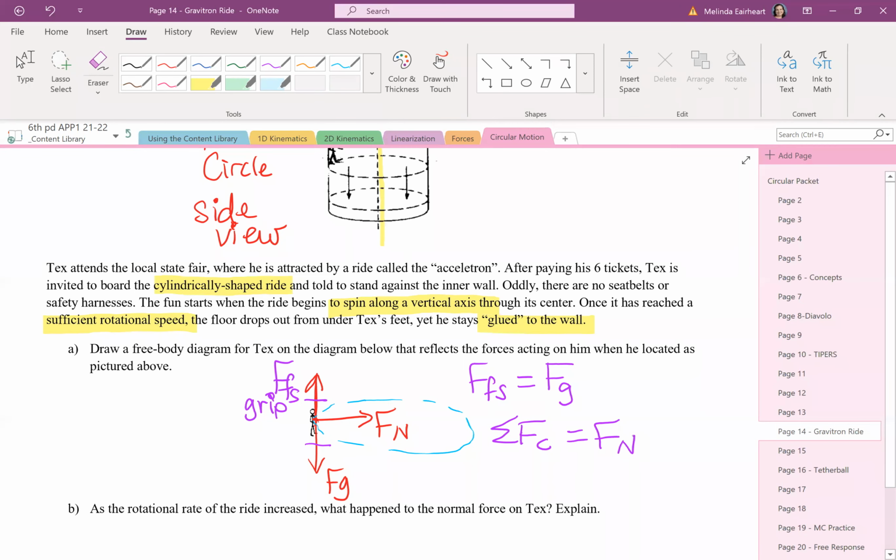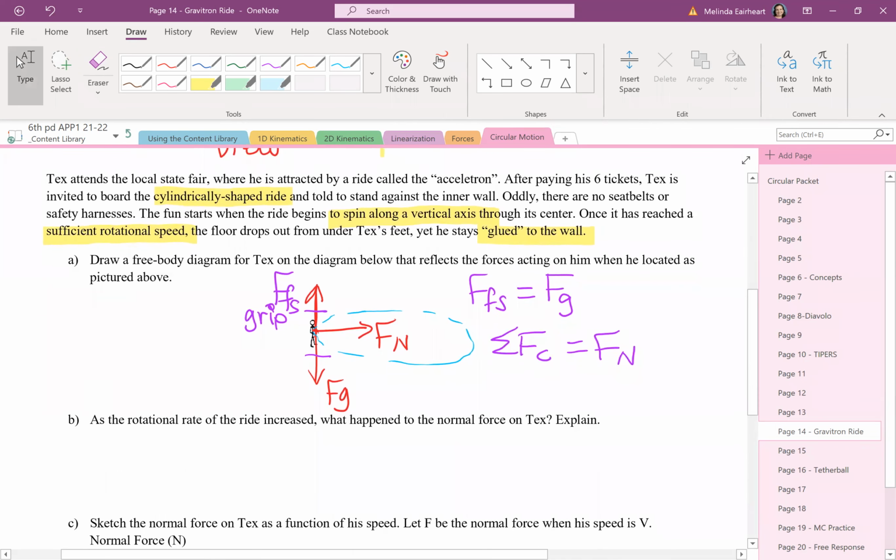But yes, as it spins faster, faster, faster, normal force does increase. That's a true statement. Okay, and that's actually coming up. As the rotational rate, the rate at which you rotate, what are they really talking about here?